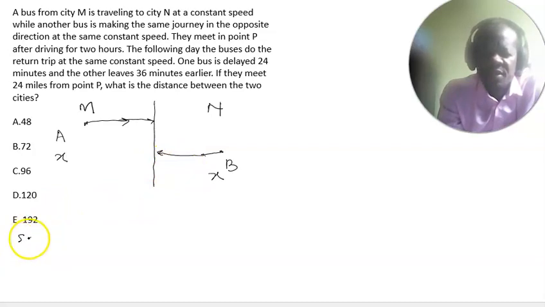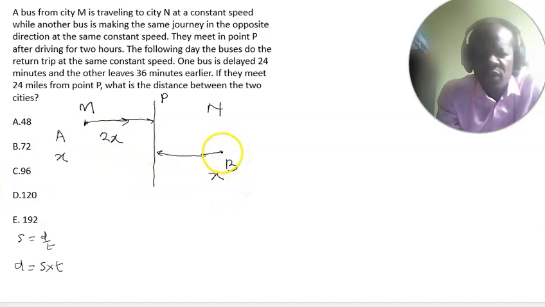So from speed equals distance over time, our distance will be equals to speed times time. So since we said the speed of bus A is x, the distance covered by A from city M to P, the meeting point of the two buses, that distance will be 2x.